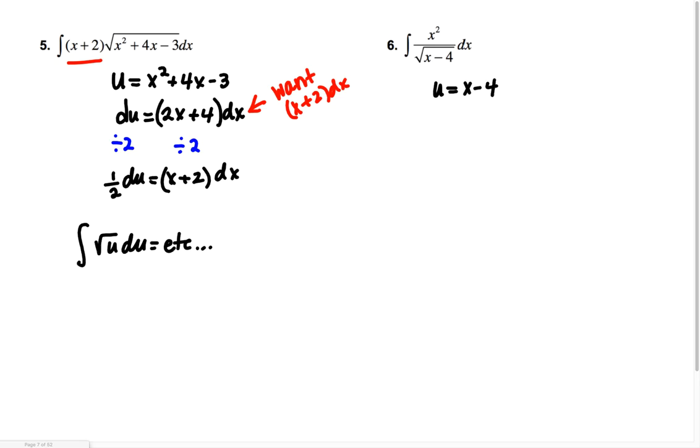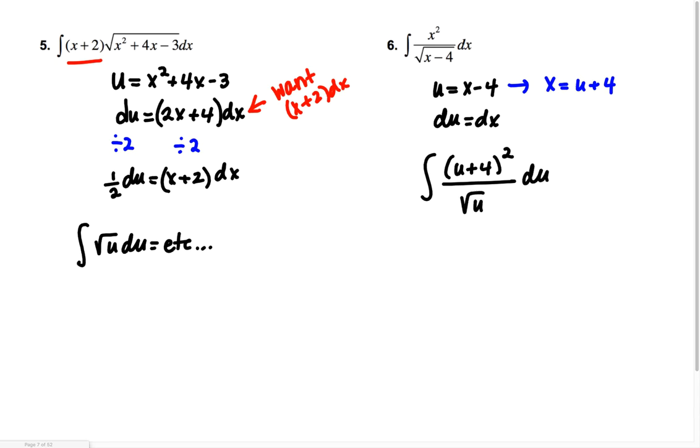What would u be for number 6? x minus 4. So du would be dx. What do we need to do in that situation? Solve for x. x is u plus 4. So as I replace, I get u plus 4 squared. I add the 4 over. u plus 4 equals x. Oh, right. So as I replace, I have my u plus 4 squared. That was the x squared. And then I have over the square root of u, du.